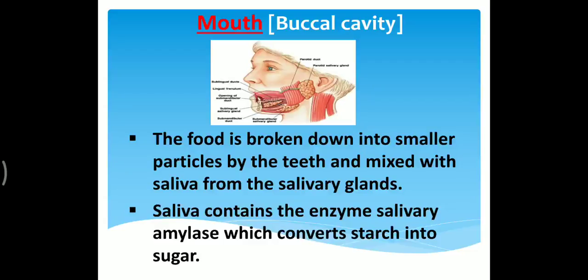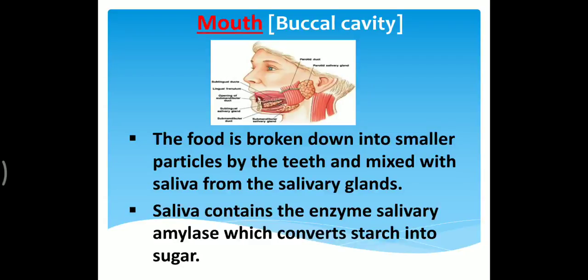You all know why teeth are used: to bite the food, cut it, crush it and grind it into smaller pieces. The food is broken down into smaller particles by the teeth and mixed with saliva from the salivary glands. Saliva is released in your mouth and mixes with the food bitten by the teeth. Saliva contains the enzyme salivary amylase.